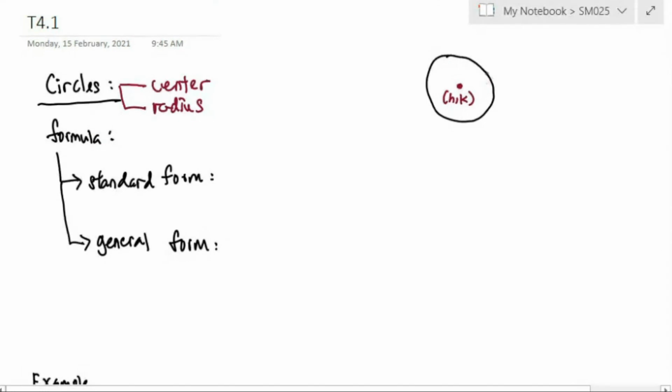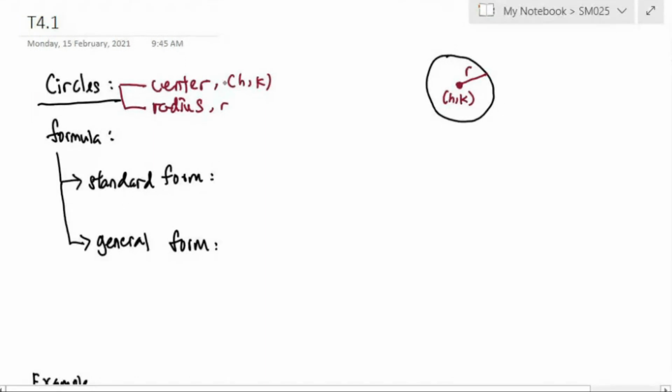So radius, what's the definition of the radius? It will be the distance of this center to the perimeter of the circle. So this will be your definition of radius. So therefore, when you're doing circles, you must know what's your HK and what's your radius R.